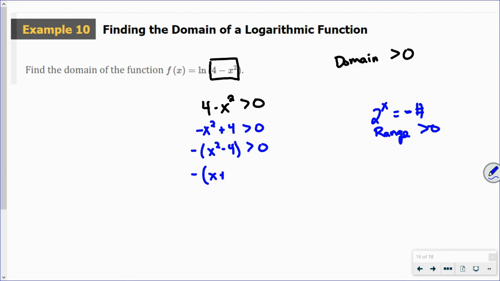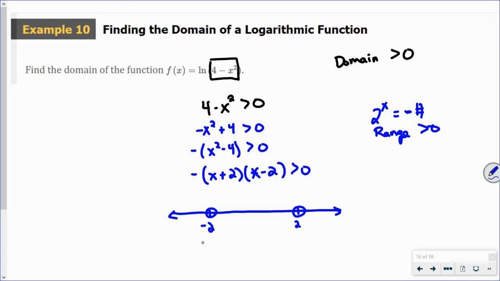So x plus 2, x minus 2 greater than 0. If I have my number line here, I have -2, open circle, and +2, open circle. This parabola opens down because of this negative.